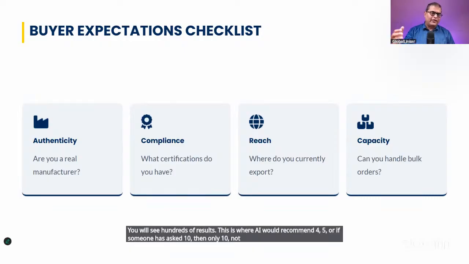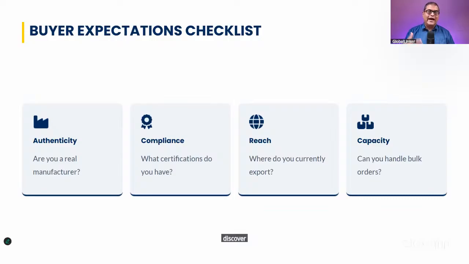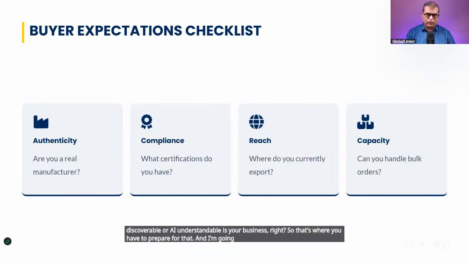So your possibility of getting in touch with those international buyers totally depends on how discoverable or AI-understandable your business is, right? So you have to prepare for that, and I'm going to touch on those elements as well in today's webinar.